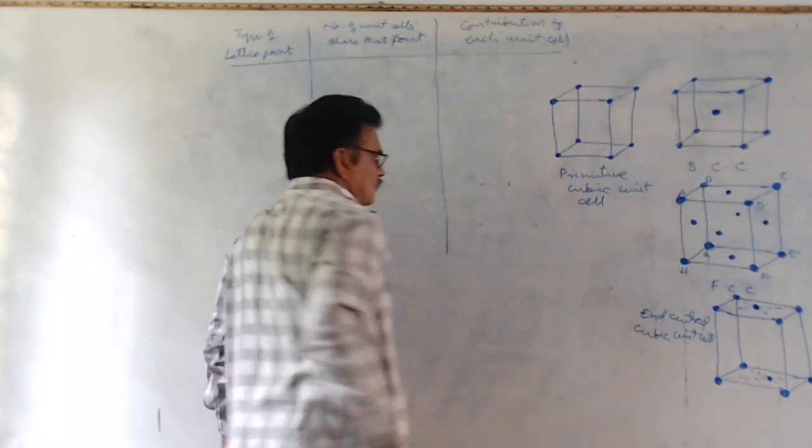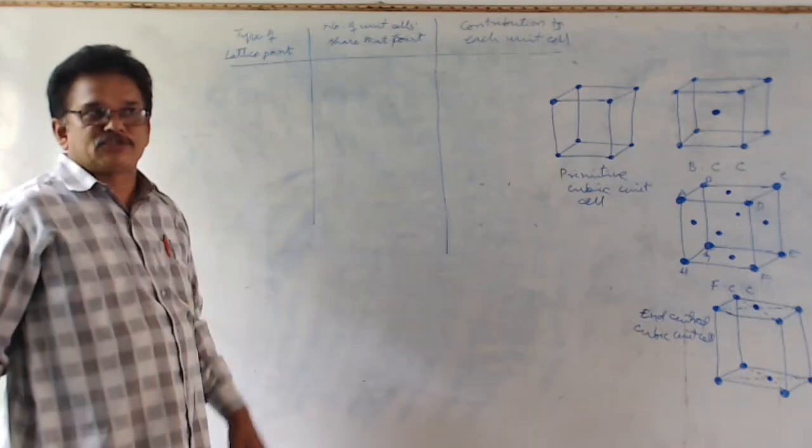Okay. So there are four types of lattice points.